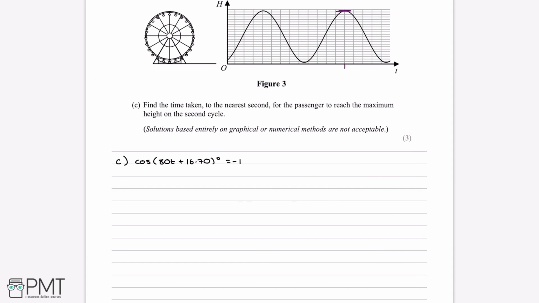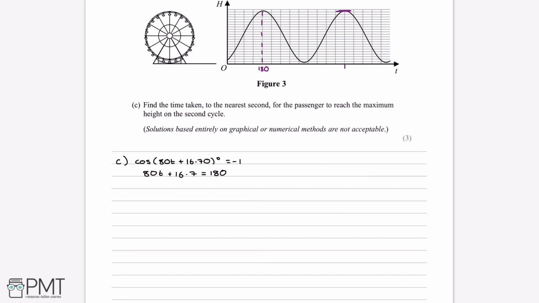So if we solve this by taking the inverse cos of both sides, we get 80t plus 16.7, and then the inverse cos of -1 is 180 degrees. So the first maximum is at 180 degrees.